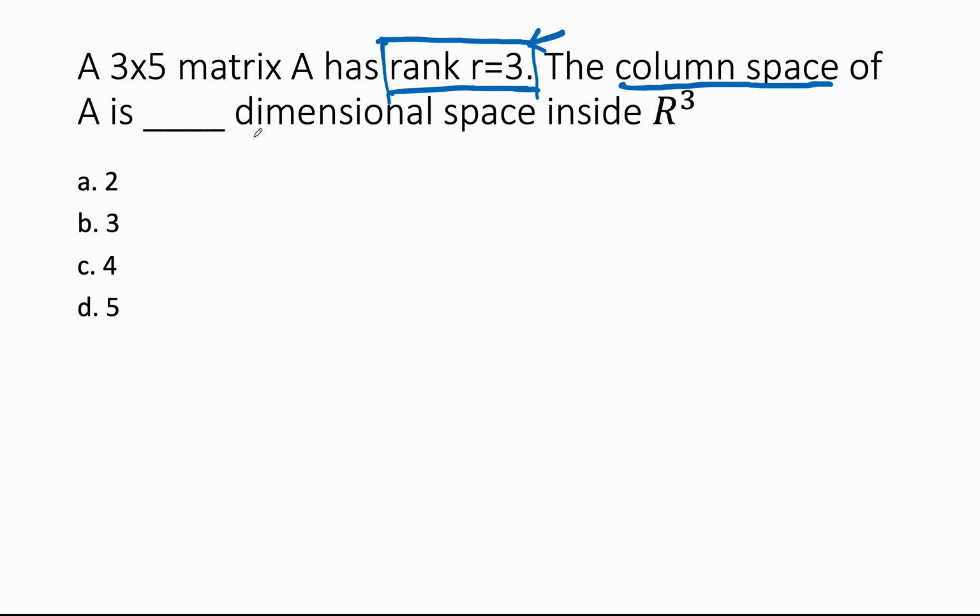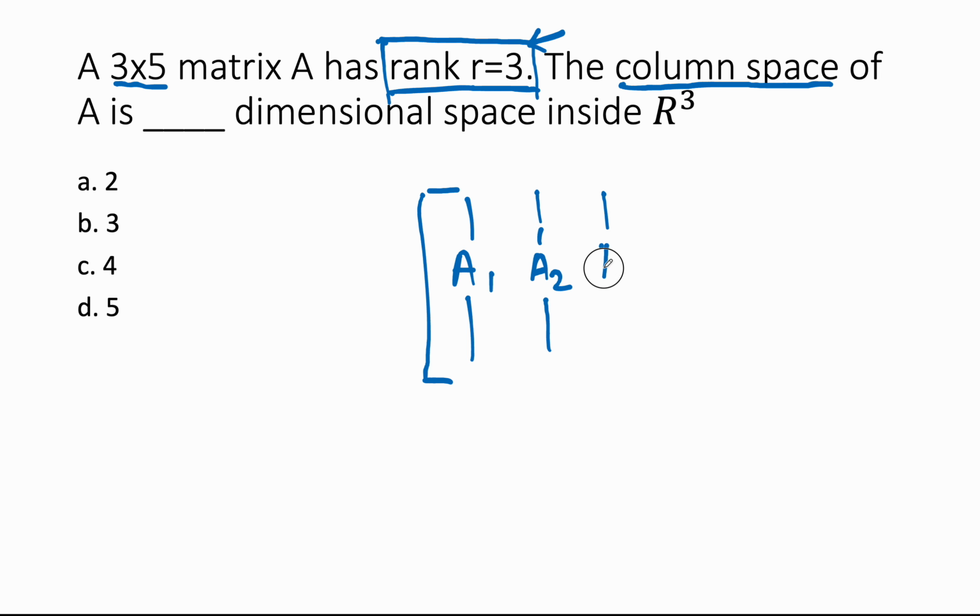And now the question is, A is a 3 by 5 size matrix and it has rank 3. So okay, I will write. Let's say A will be easier. So let's say this is A1, which is the first column, this is A2, which is the second column, A3, A4, and this is A5, and it has a rank 3.